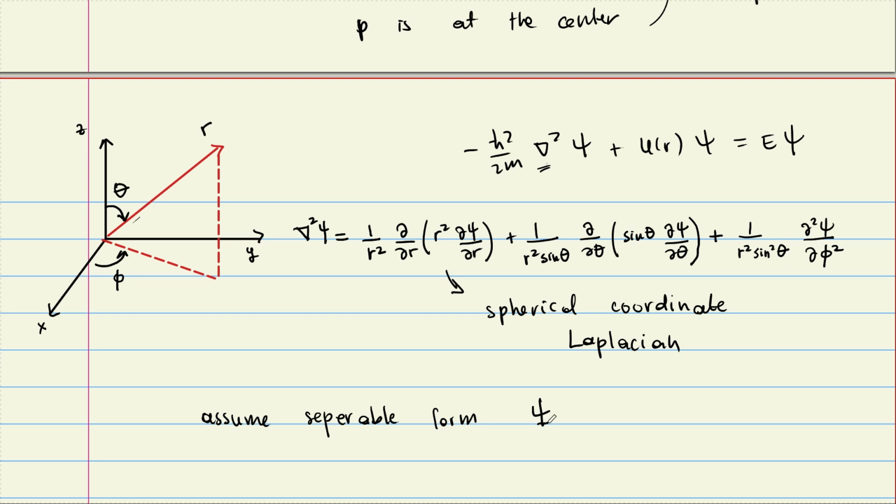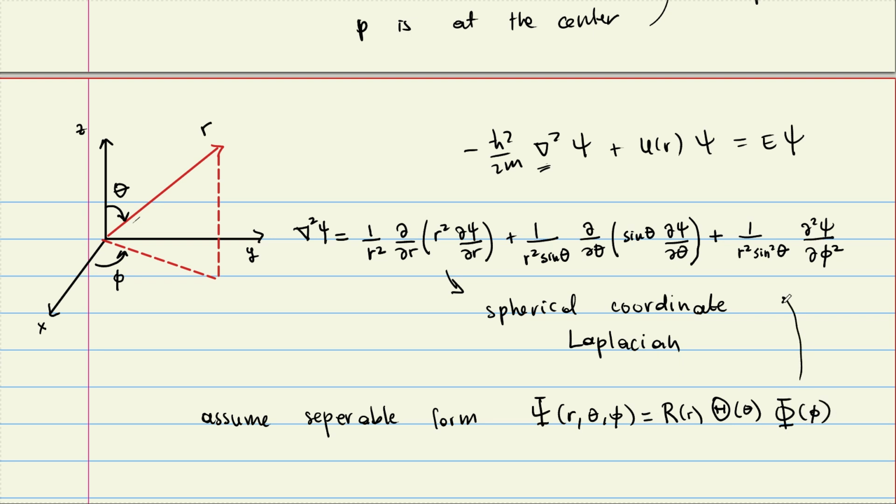So psi of r, theta, and phi is going to be a function of r. We are going to use R for the r component, uppercase Theta, which is kind of ugly, but that's the standard so I'll also use it, Theta of theta and uppercase Phi of phi.